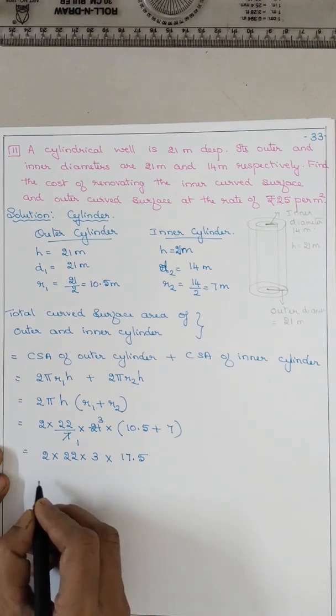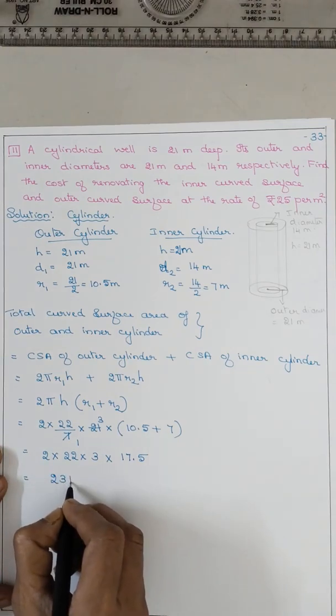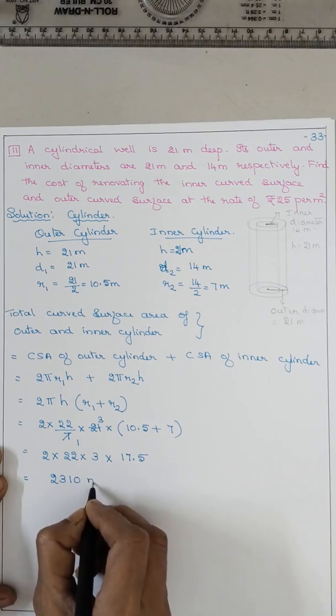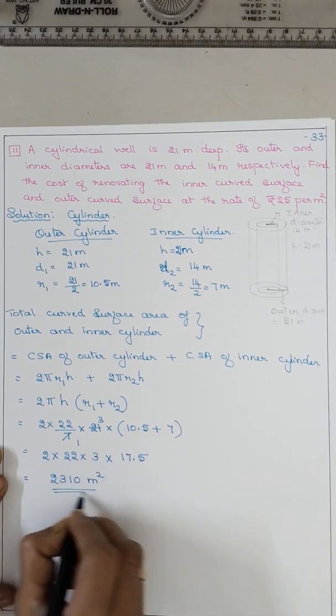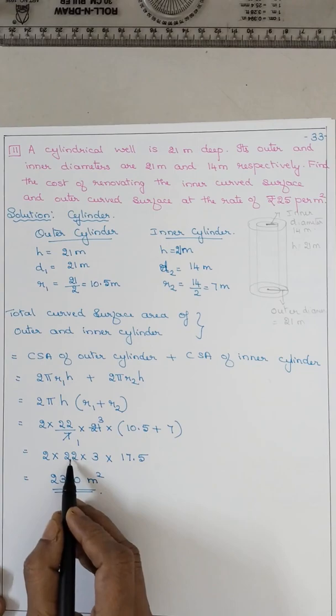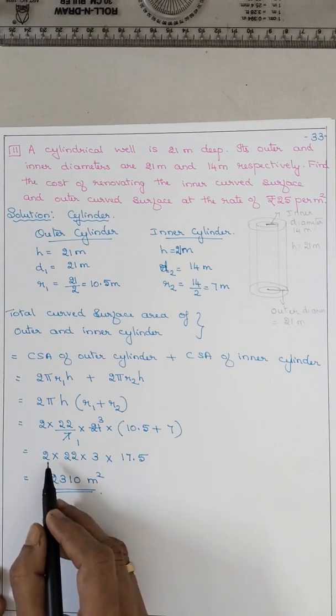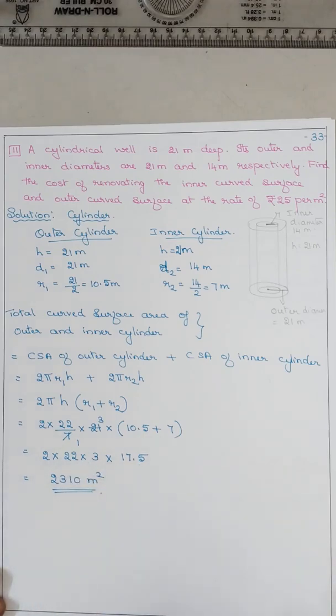Okay, so when you multiply, you will get 2310 meter square. 22 into 2 is 44, into 3, into 17.5, gives 2310 meter square.